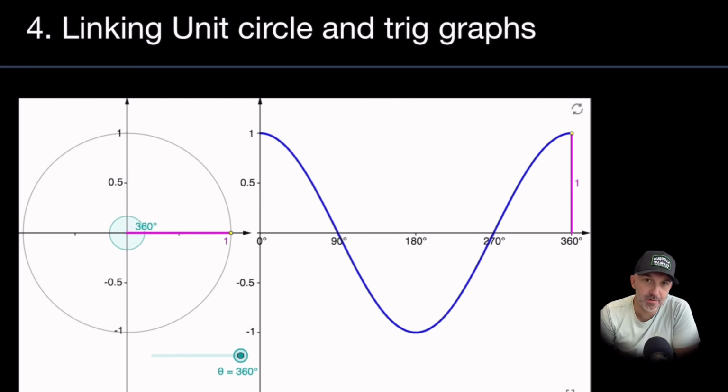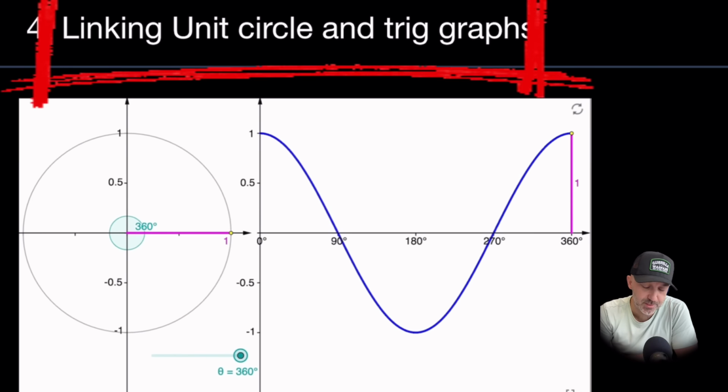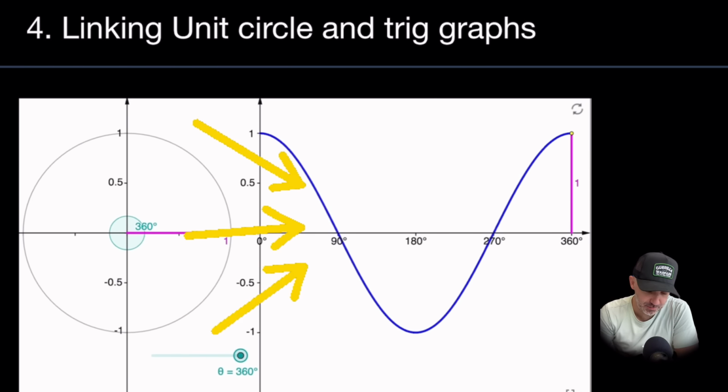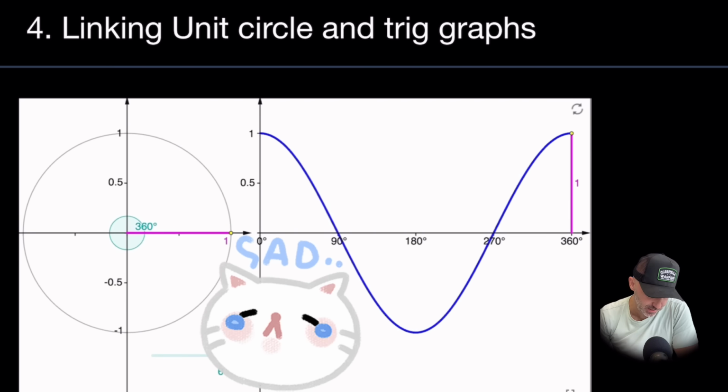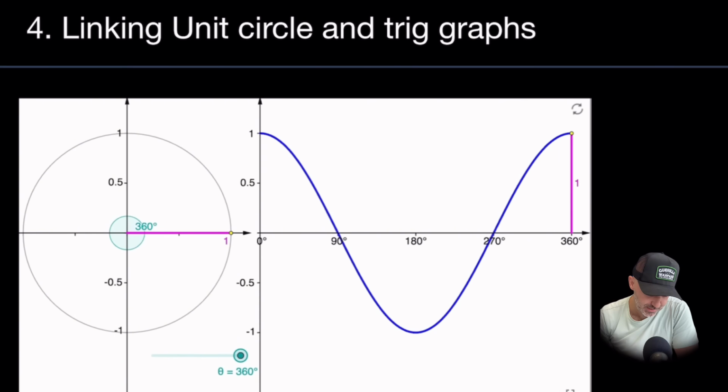Okay, in the final part of this video, I just want to link the unit circle to the actual trig graphs. I feel like it's doing a little bit of an injustice if I don't. If you see here on the left, I have a unit circle, and this is going to be representing cos. Have a look at the cos graph on the right. I'm going to show you this cool animation of how we link the unit circle to the cos graph.